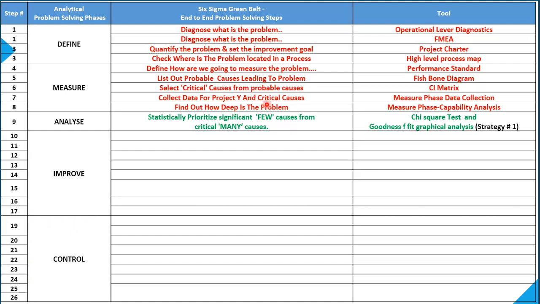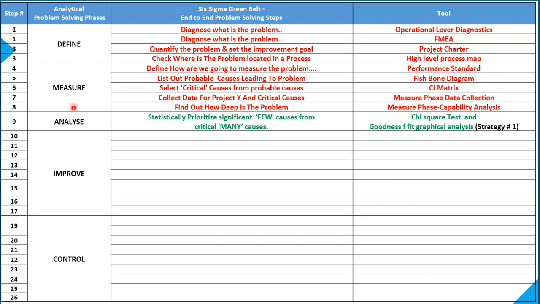Based on capability assessment, we find out the capability of the as-is state. So whatever Y we collected in the measure phase, we try to find out where the process is standing, how efficiently or effectively the given process is meeting client specification. That's what we did in the measure phase.